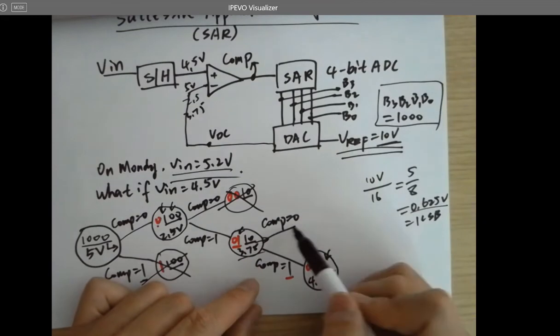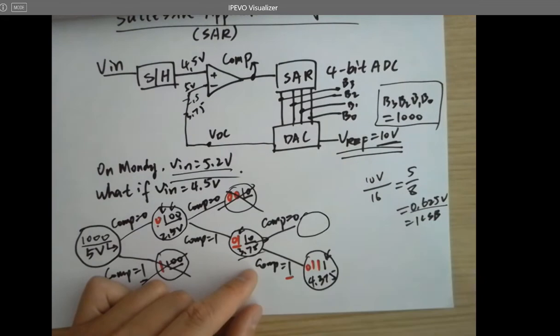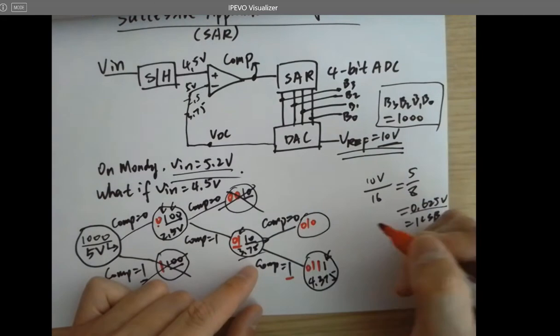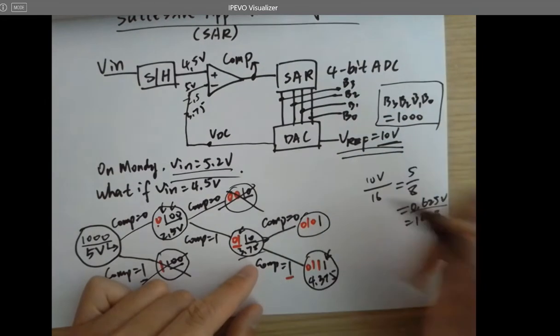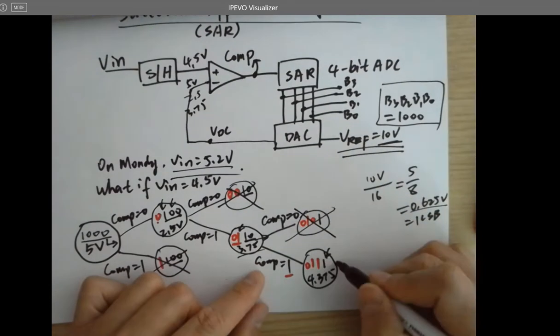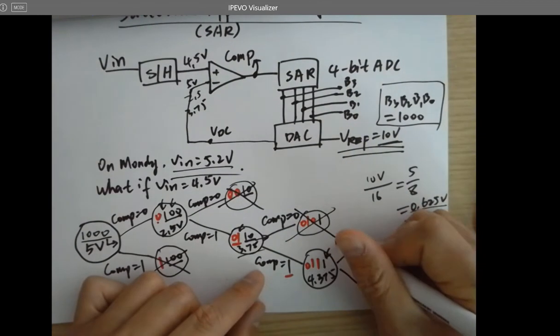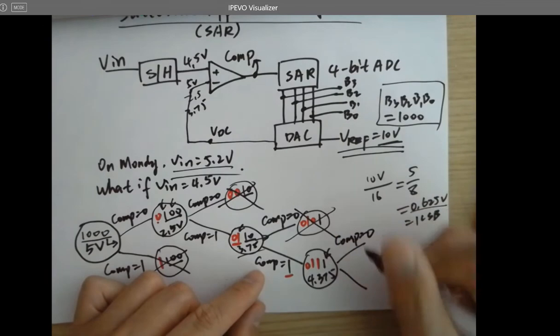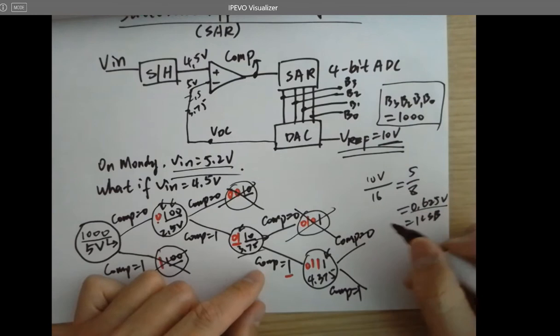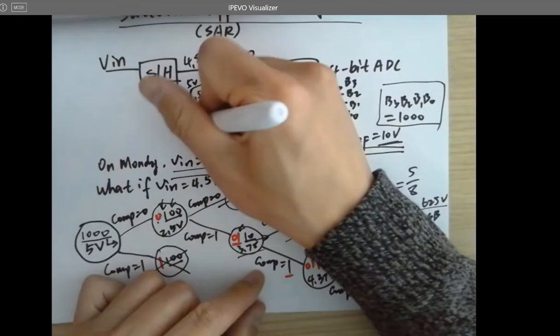So that's not the case, but let's still write down the number here. Because this comp is 0, so it's going to be 0, 1, 0, 1. Okay? 4.375.